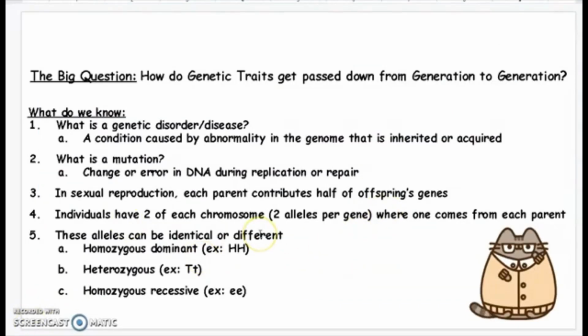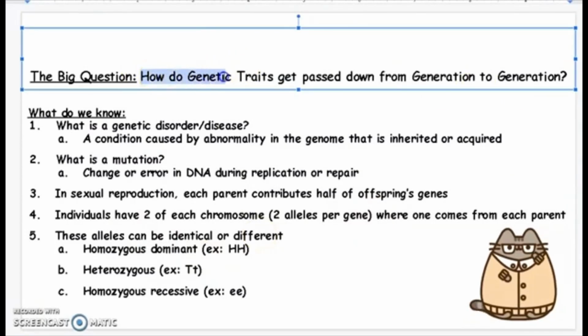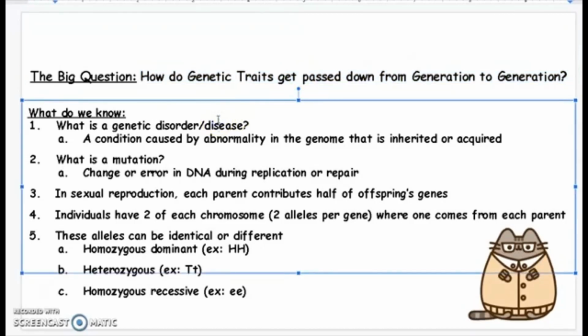And so before we proceed, we're going to go back to the big picture, the big question. How do genetic traits get passed down from generation to generation? In order to answer this question, we're going to go over what we know. We have learned a lot of things over these months.